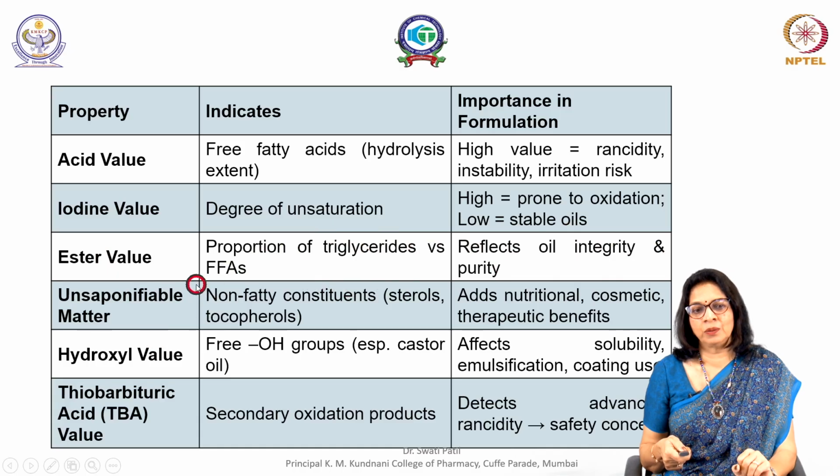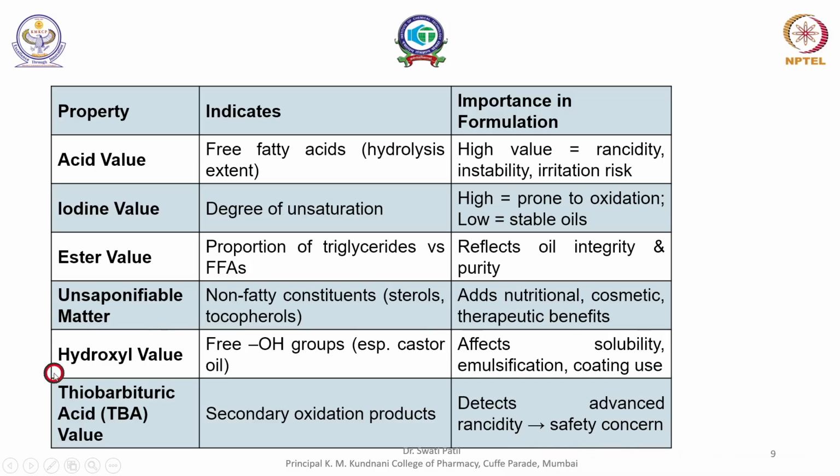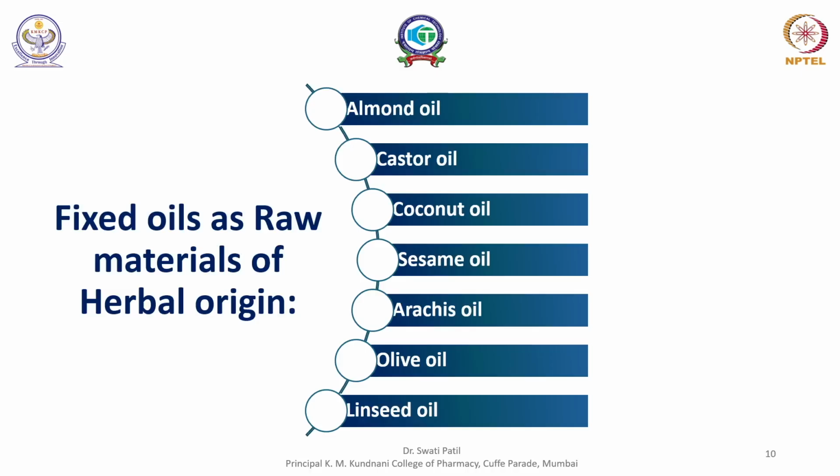Unsaponifiable matter, which tells us the non-fatty acid constituents, adds the nutritional and cosmetic therapeutic benefits. Similarly, we have the hydroxyl value and the thiobarbituric acid, the TBA value, which again helps us detect the stability of this fixed oil which is used in the formulation.